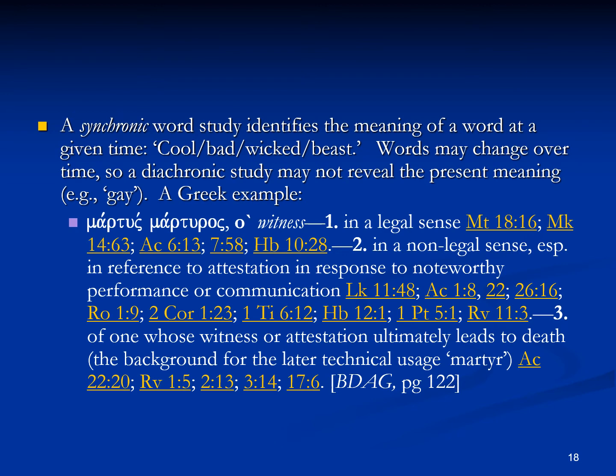A Greek example would be the word martus, which means witness. If you look it up in BDAG, you'll see this written. It can be used, number one, in a legal sense, someone who's a witness at a trial, or a non-legal sense, number two, especially in reference to attestation in response to noteworthy performance or communication. And then it can be used of one whose witness or attestation ultimately leads to death.